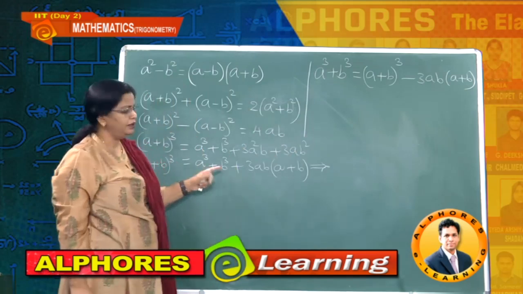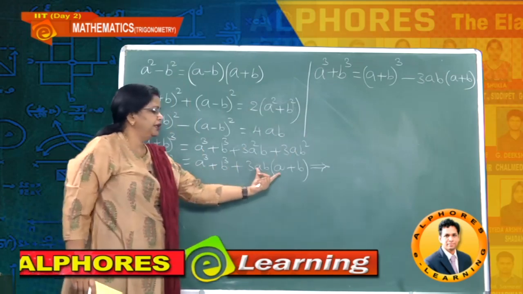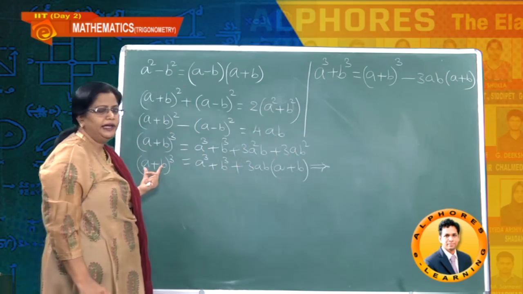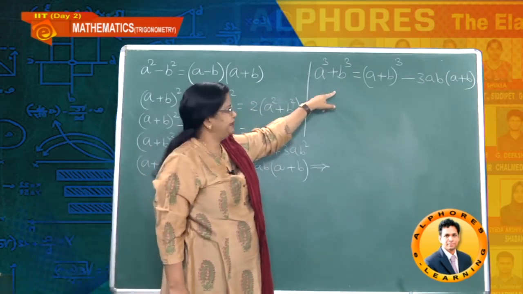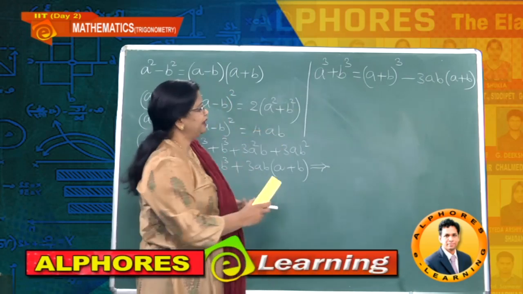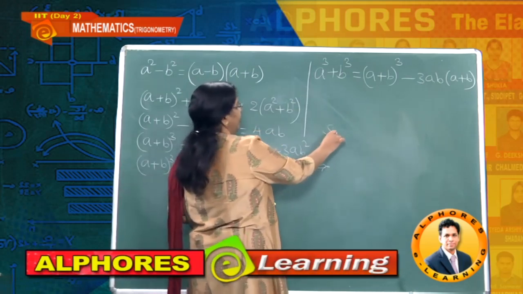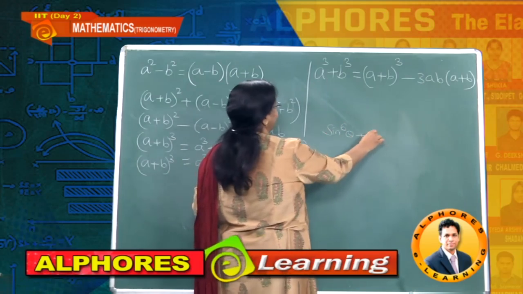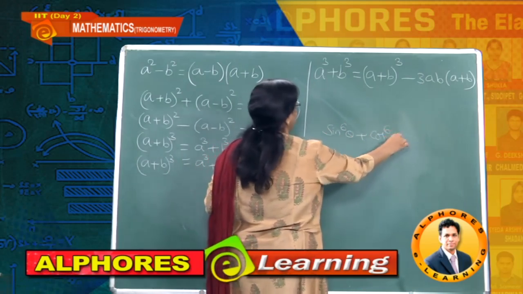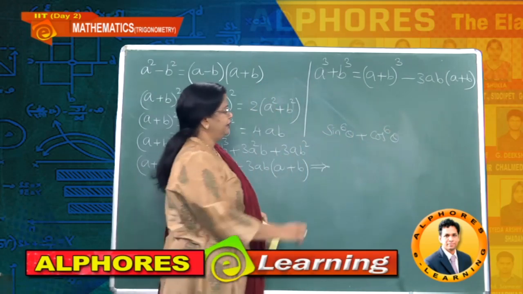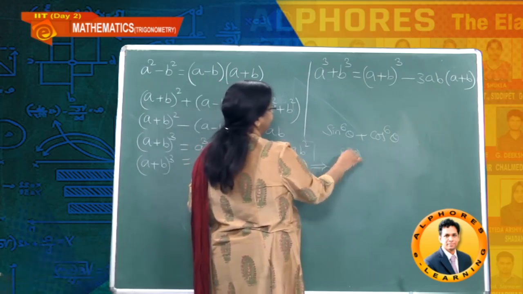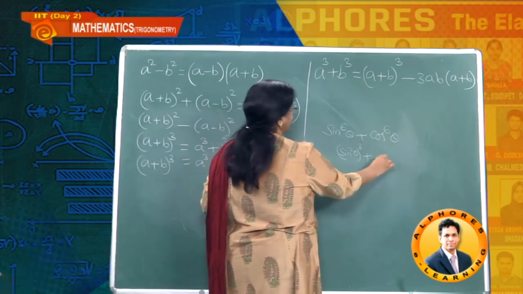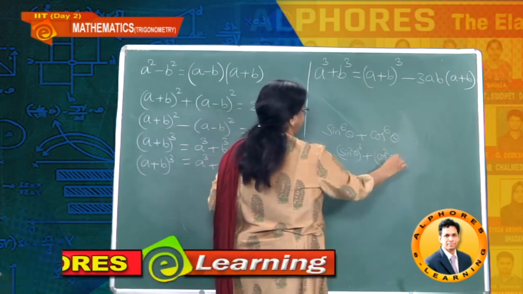From this formula, a cube plus b cube, take this entire term to this side and thereby I can write in this way. What is the advantage if I write in this way? Sometimes they ask about sin power 6 theta plus cos to the power of 6 theta. Then all of you know very well, I can write this as (sin square theta) whole cube plus (cos square theta) whole cube.